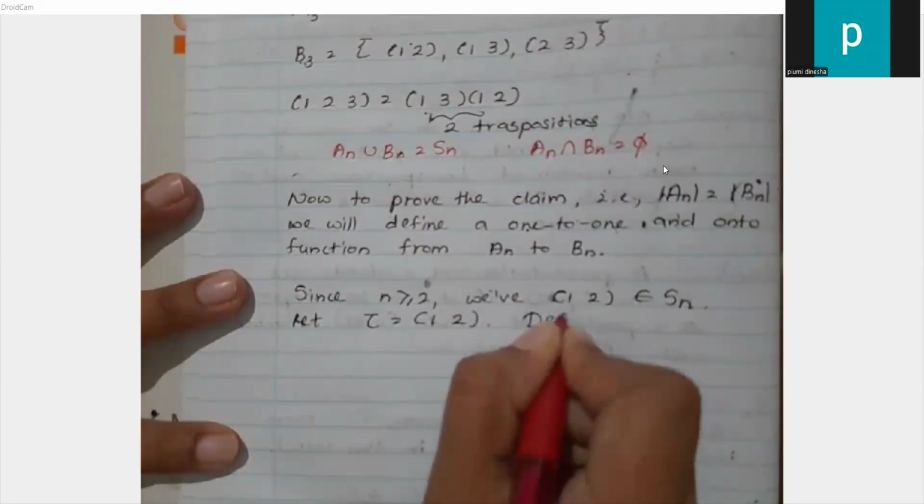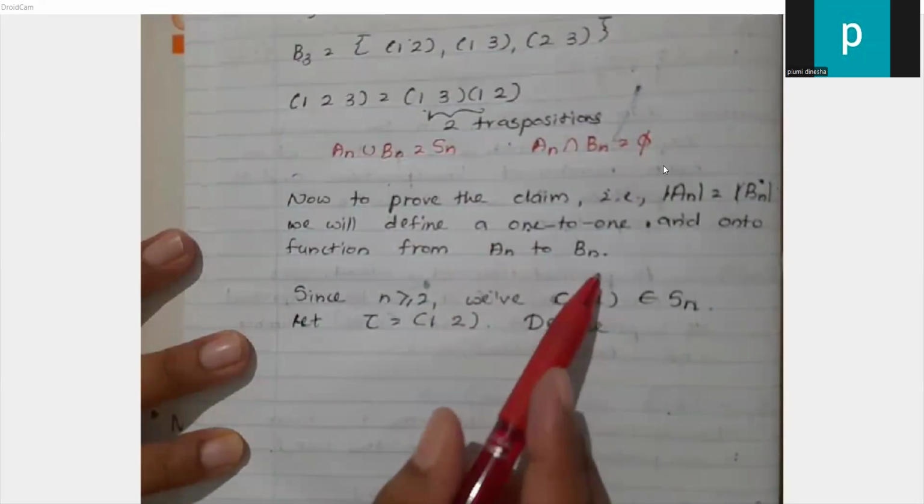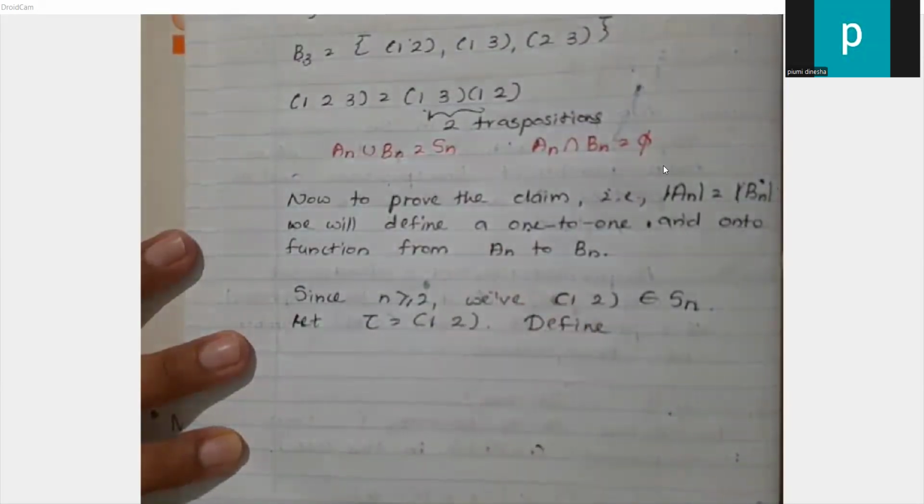Now, like I told you, we are going to define a map between An and Bn, and we will show that this is a one-to-one and onto function, or a bijective function.